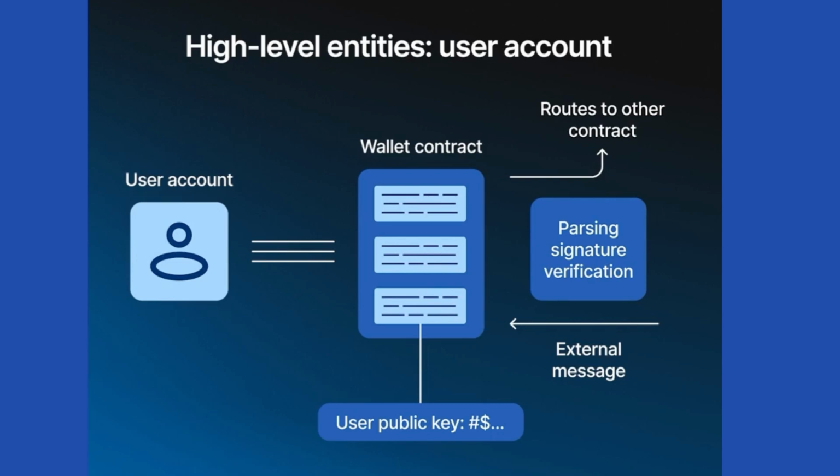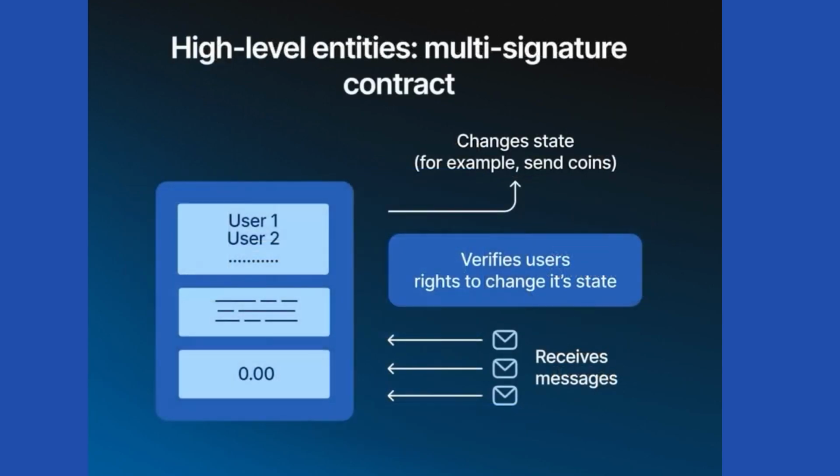You could also have contracts that implement some custom storage rules. For instance, the multi-signature contract is operated by multiple user wallets, and you can imagine this chain of messages where the user's wallet sends the message to this multi-sig contract that verifies that the user has the right to unlock the money or do something with the assets under control of the multi-sig contract.